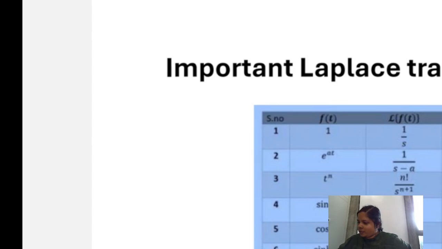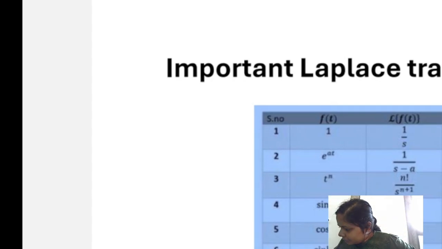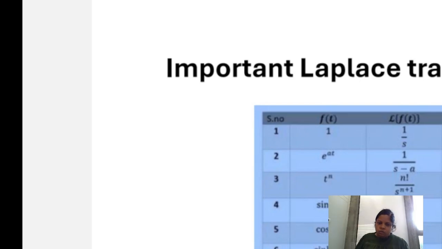In case you don't know, what the Laplace transform does is, let's say we want to find the Laplace transform of a function, then it is basically the integral from 0 to infinity of f(t) e to the power minus st dt. This is the thing you are going to use, where s is the frequency domain parameter used in the Laplace transform.